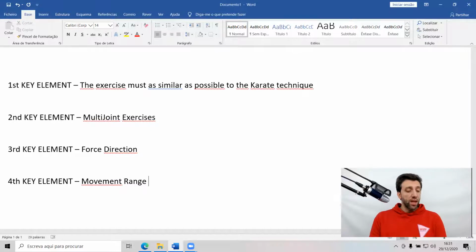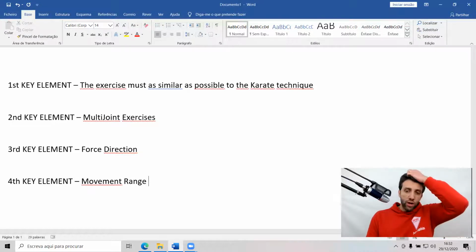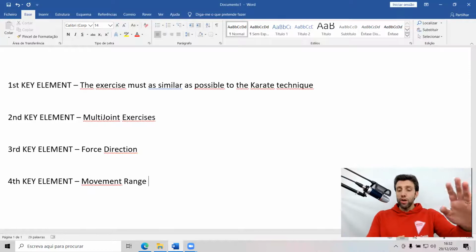But if I want to develop a specific technique, I need to evaluate the specific range of motion of that technique. I'm going to give you an example. For example, the shuto uke.